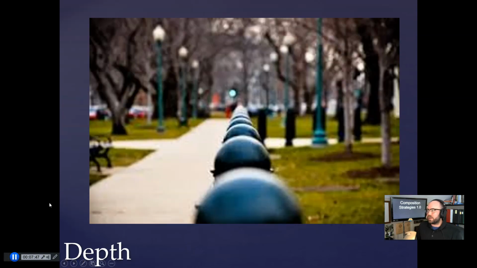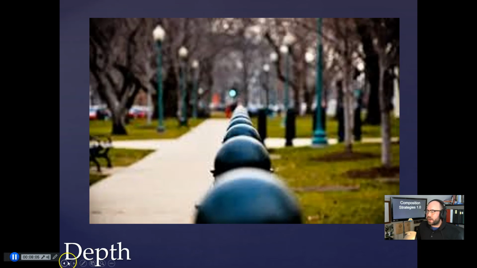Our next one is depth, and this is the one I said isn't a very good picture, and I'm sorry for that. But what this is trying to illustrate is in a depth picture, your foreground is blurry and your background is blurry and the midground is in focus.